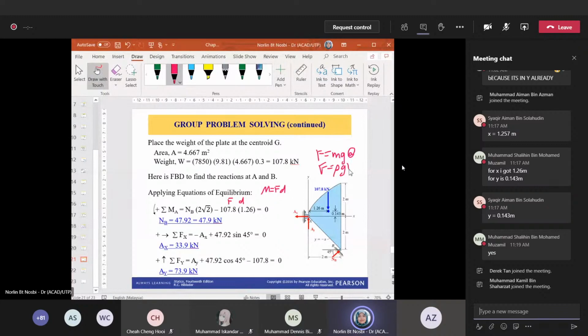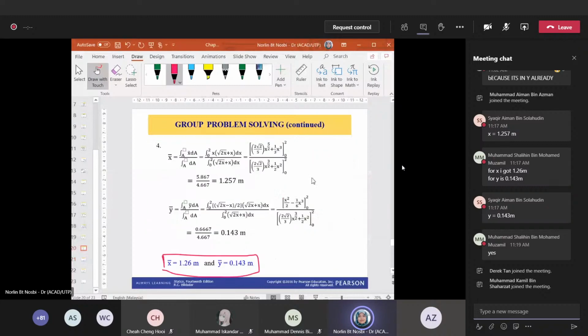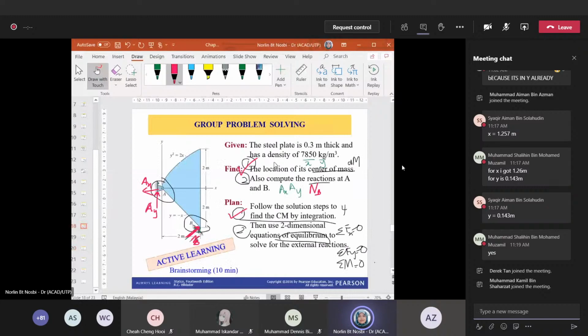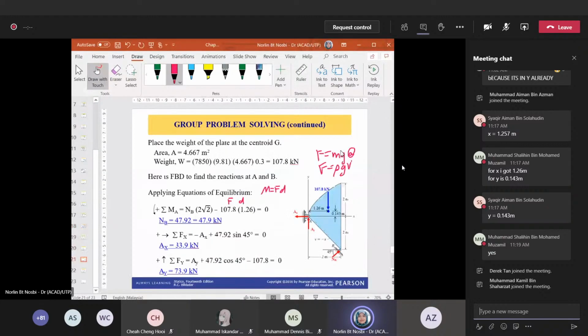In this question, they did not give you the mass. They only give you the density. So you have to use this one at the bottom here, F equals rho gV.